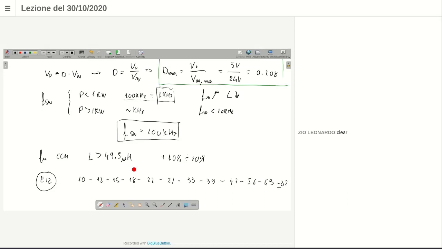So what is the next value in this series that provides an inductance that is larger than 49.5 microhenry, that meets the specification with this safety margin and is in this series? What value should we choose?